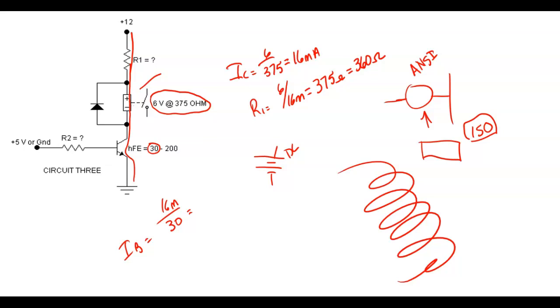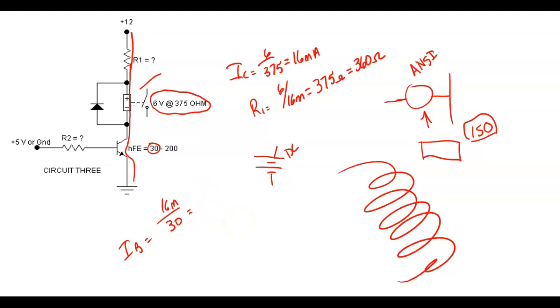Yeah, you're going to get 533 milliamps. I can't take 16 and divide it by 30 and come up with 16 milliamps, right? 16 E to the negative 3 divided by 30 will give me 5.33 E to the negative 4. We take that over. So that'll actually be 0.53 milliamps.